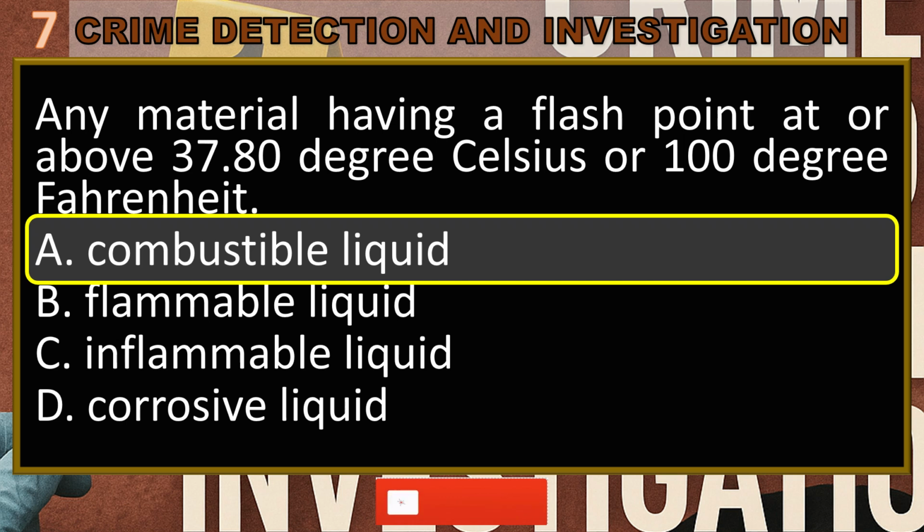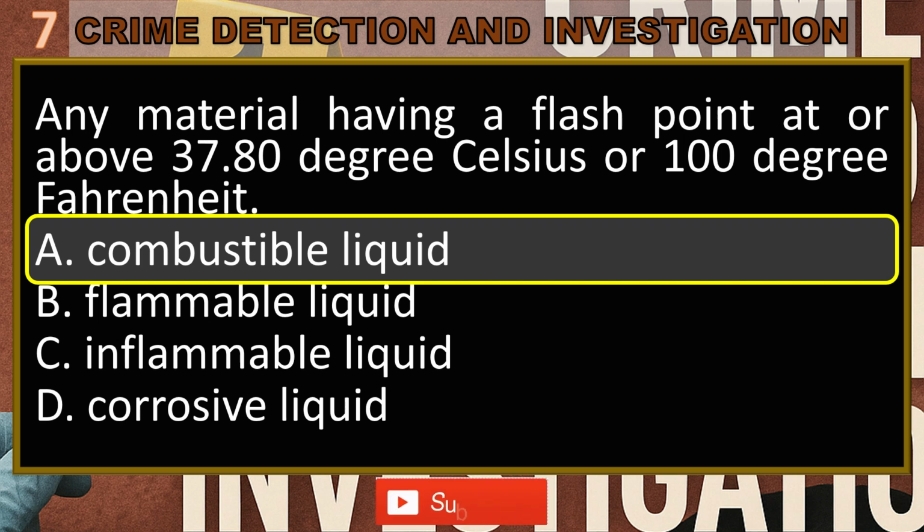Explanation of other choices. B. Flammable liquid. Defined as a liquid with a flash point below 37.8 degrees Celsius, 100 degrees Fahrenheit. More volatile and ignites more readily than a combustible liquid. Incorrect because the temperature given in the question is at or above 37.8 degrees Celsius. C. Inflammable liquid.